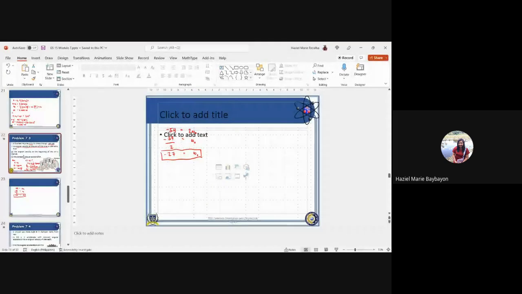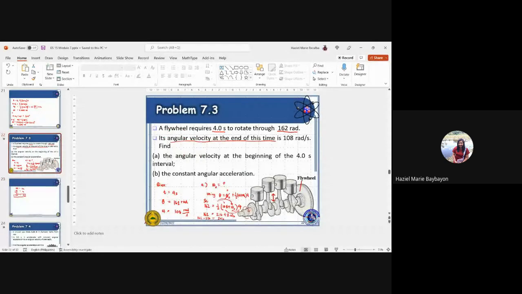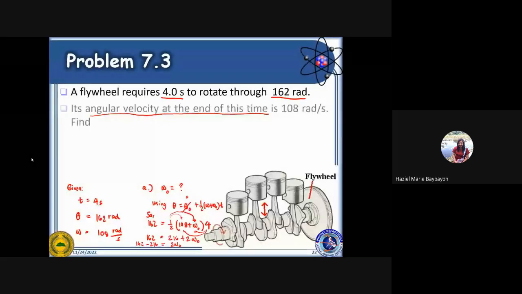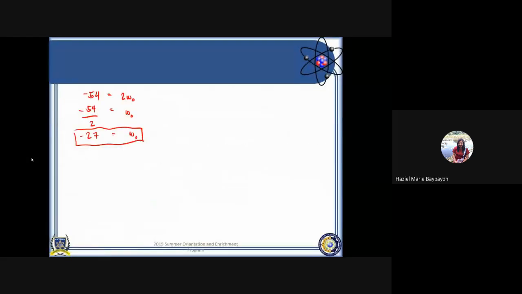Now, the next one is to find the constant angular acceleration. In order to do that, we will use equation 1 from our kinematics equations: omega equals omega naught plus alpha times time.